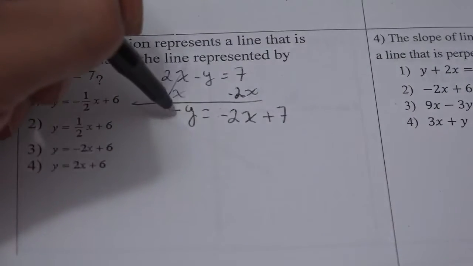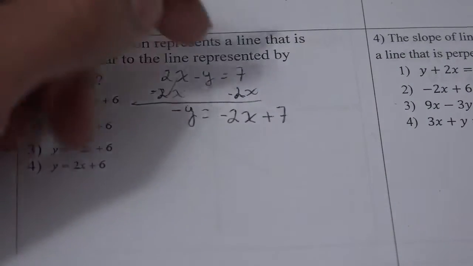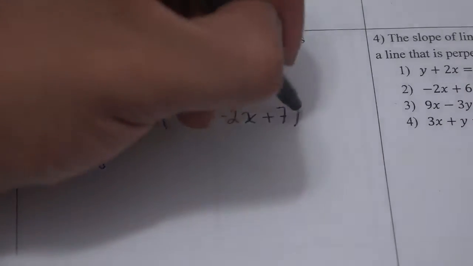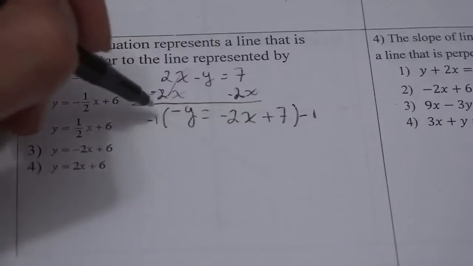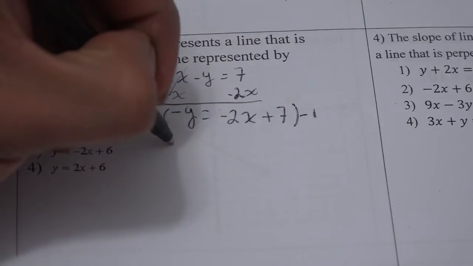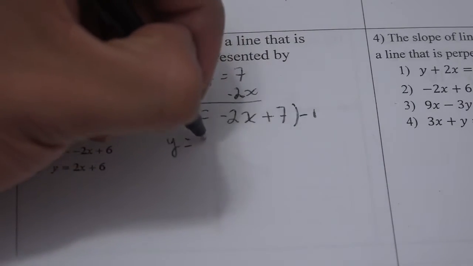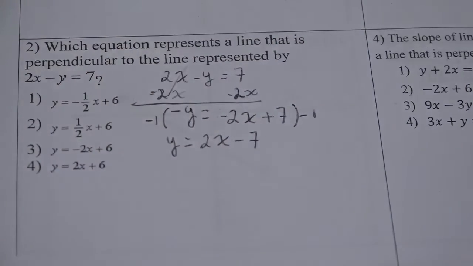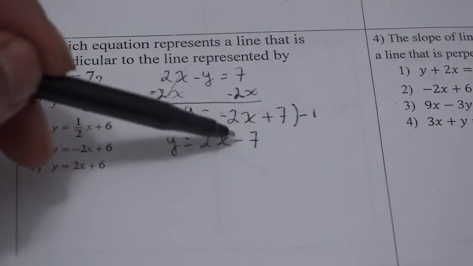Now you cannot have a -y as an answer, so you have to multiply the whole thing by -1. There are so many ways you could do this. When you multiply by -1, you're basically changing the sign of every single number in your equation.